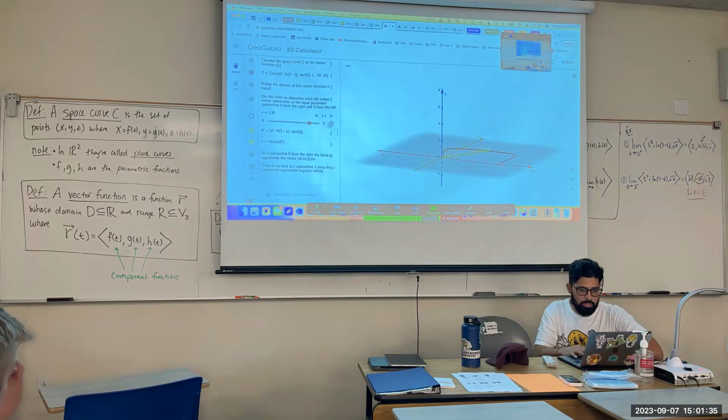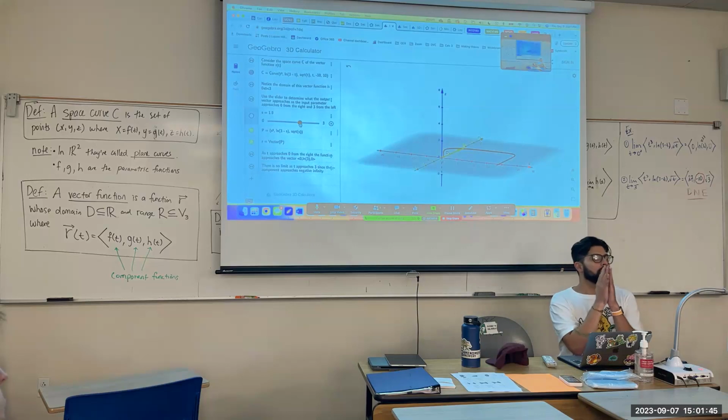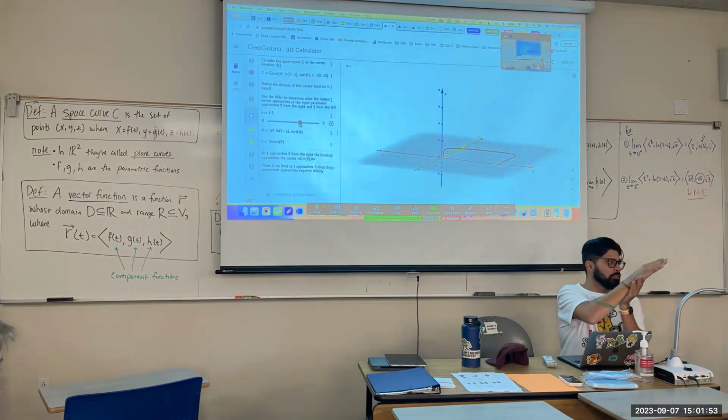As t approaches 0 from the right, you see how the vector is moving? But if you think about it, there are an infinite number of vectors that are the outputs. Every time t changes, it's a different vector, but it just looks continuous.